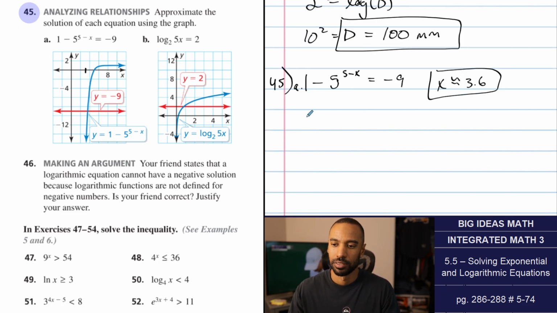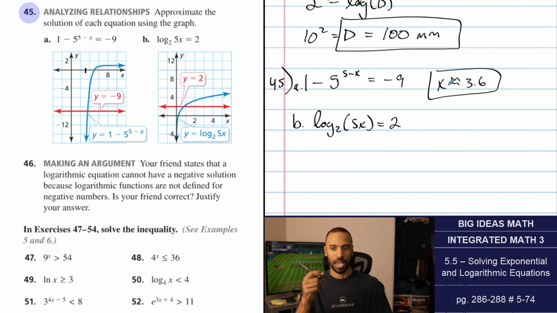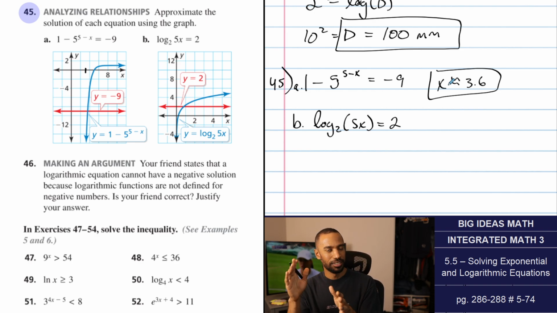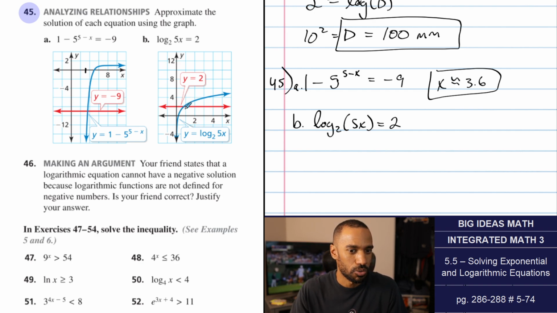Part B, log base 2 of 5x equals 2. Well, this one I can kind of cheat with because I already saw this. I know this answer in my head. You might as well if you do some work here. So this is kind of going to be cheating here. But you can see where these two things intersect here.